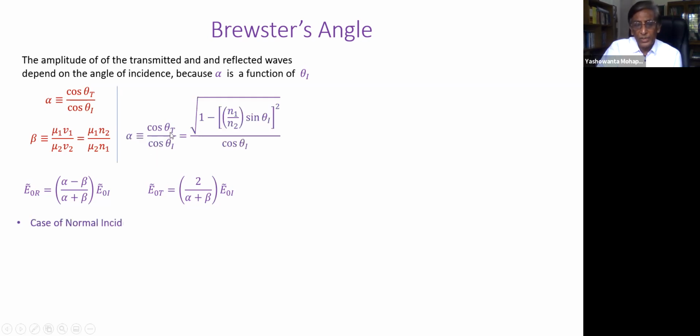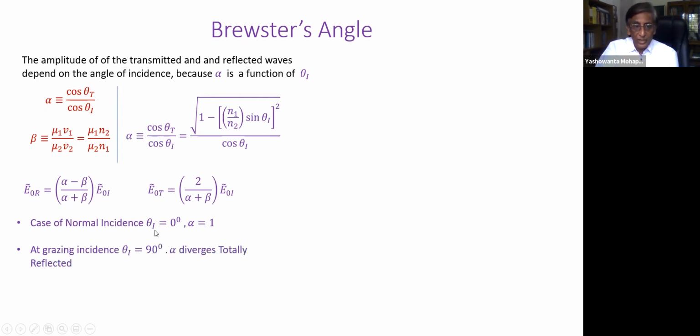I can write cos theta t as root over 1 minus 1 by n squared sine squared theta I, divided by cos theta I. Now if it is the case of normal incidence, theta I is equal to 0, this becomes 1, and then alpha becomes 1. That's the first case that we actually solved, so all the results would be the same if you put theta I equal to 0.